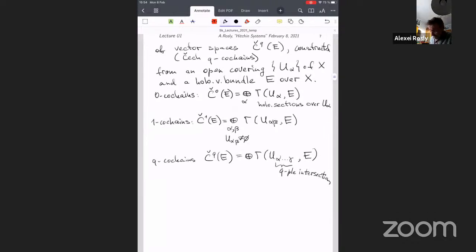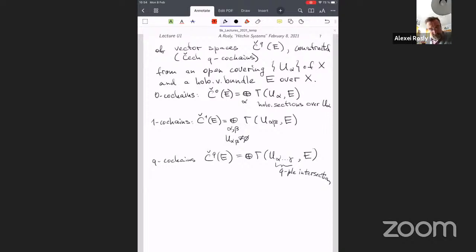Of course, in practice, when the dimension of the manifold is some fixed finite number, we don't need intersections of very high order.